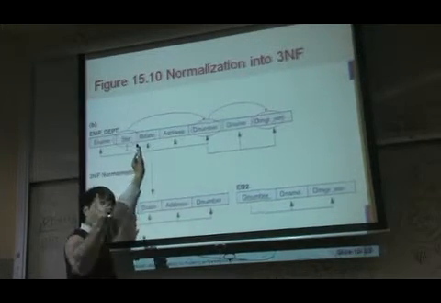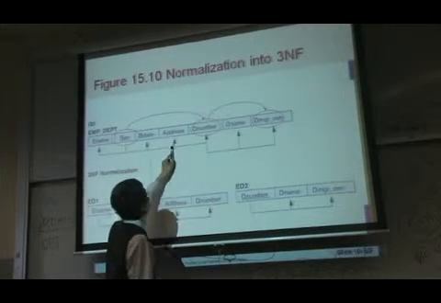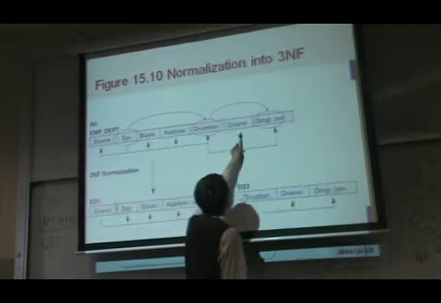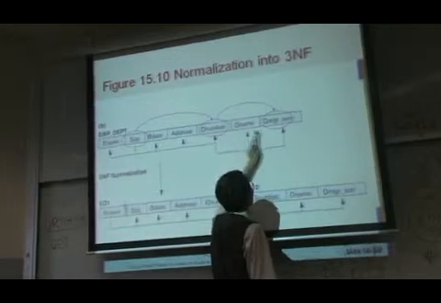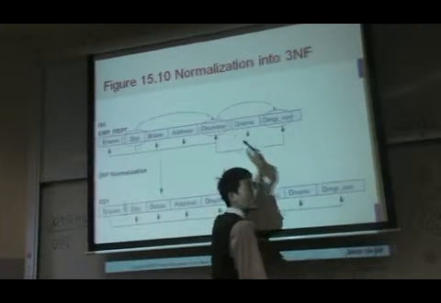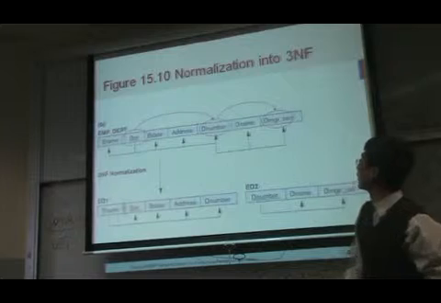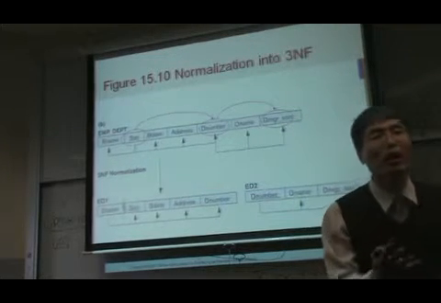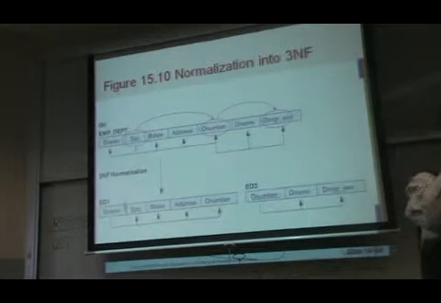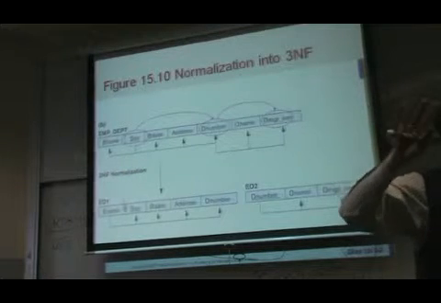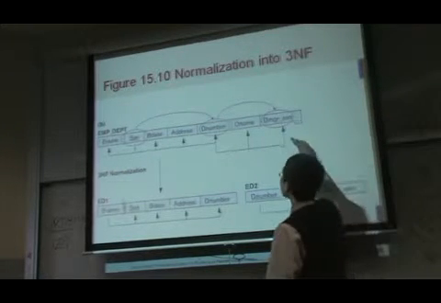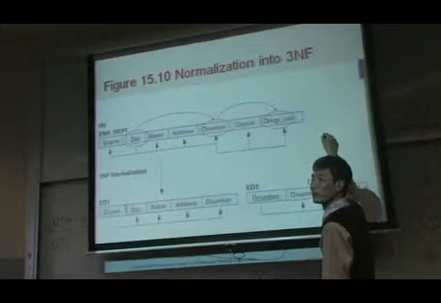B-date is determined by one prime attribute. It cannot be partial. Address is the same. D-number is the same. And D-name is determined by D-number. D-manager social security number is determined by D-number. All of them are determined by one single prime attribute. It cannot be partial, which means it's in the second normal form.